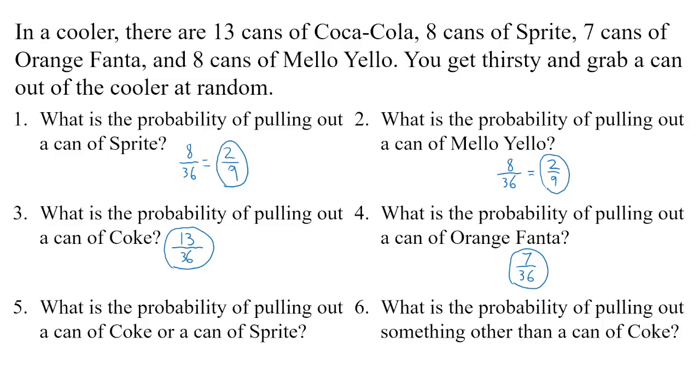What is the probability of pulling out a can of Coke or a can of Sprite? So here's how this works. There are 13 cans of Coke and 8 cans of Sprite. That means there are 21, 13 plus 8, 21 cans of Coke or Sprite out of 36.